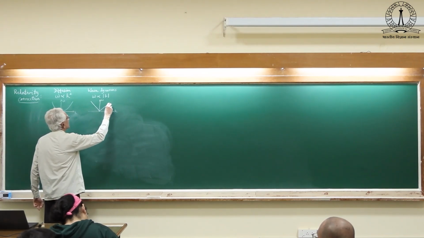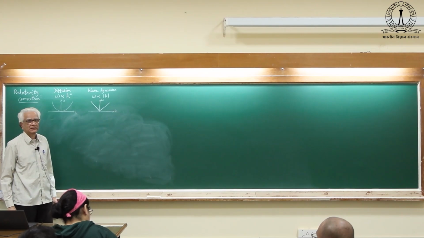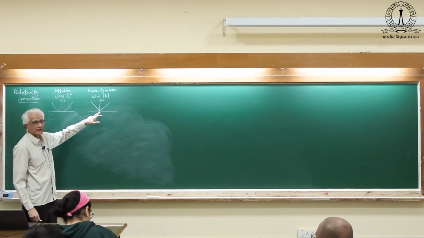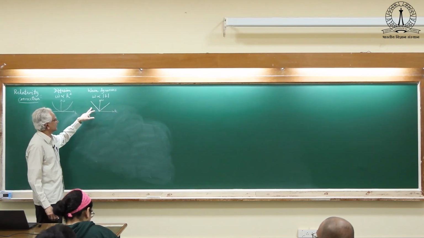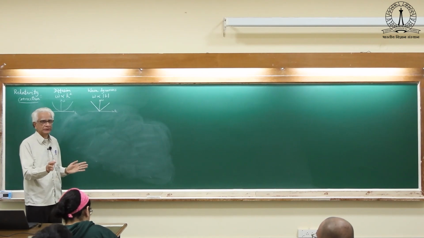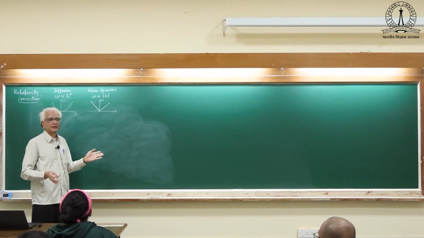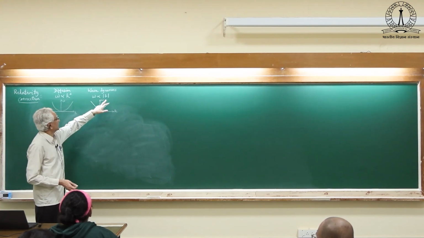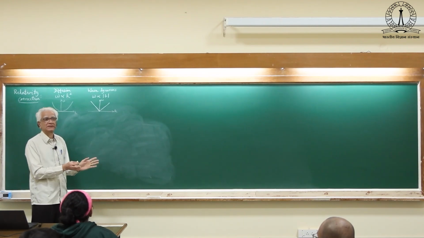In particular, these two branches are not smoothly connected. There is something happening here which is a jump. And these two branches can be connected to the two propagating modes which I discussed last time. One goes to the right, the other goes to the left. Momentum has opposite signs, but energy is the same.